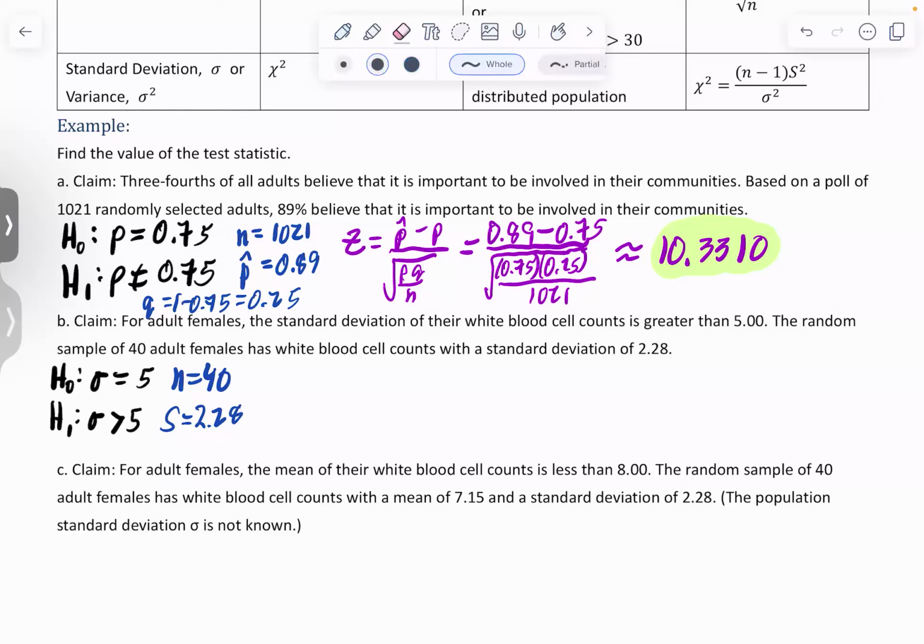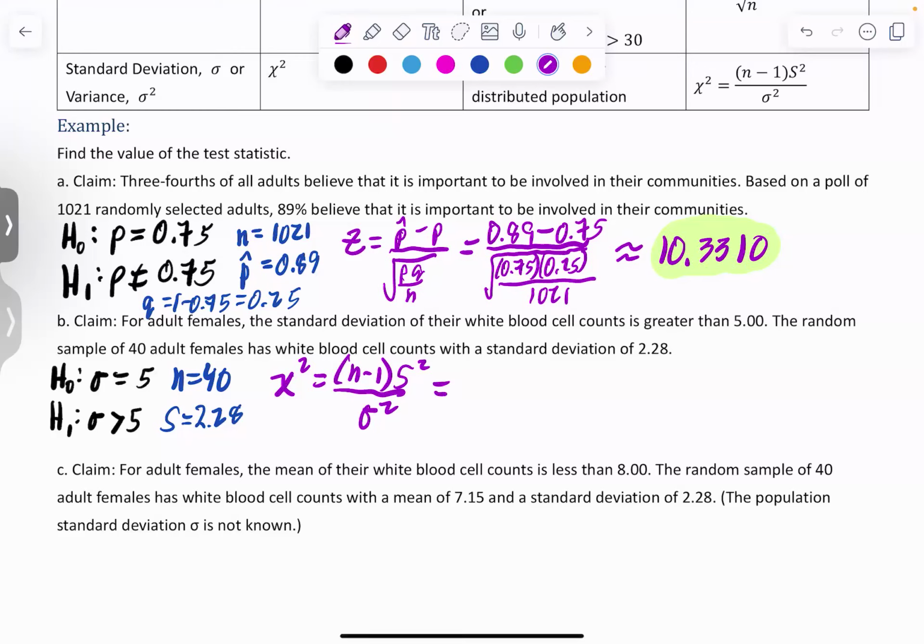And our formula for the test statistic is here. All right, so n minus 1 is 39. s is 2.28 squared over sigma squared, which is 5 squared.